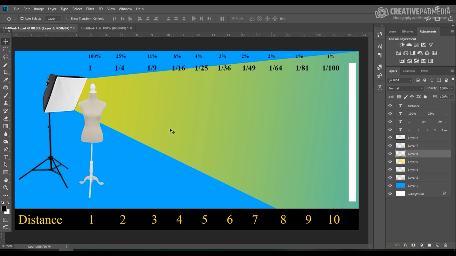So just by knowing this rule and making your subject go closer, you can get two completely different looking shots, like we'll be seeing when we take these two shots in the demo and compare them. So if you're getting confused right now, don't worry about it. It's just better to do this through the demo and learn it that way. So let's go to our studio room, take these two shots and see what the differences are. So let's go there.